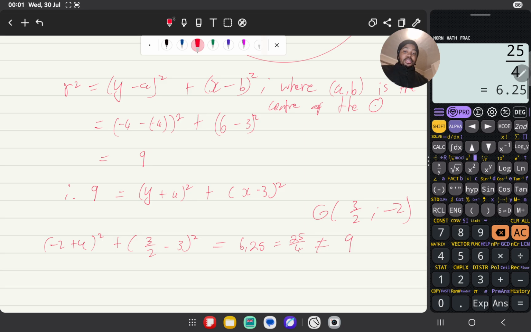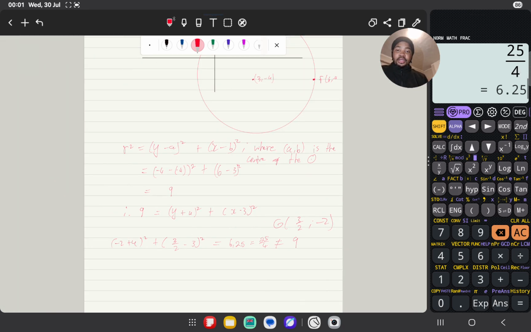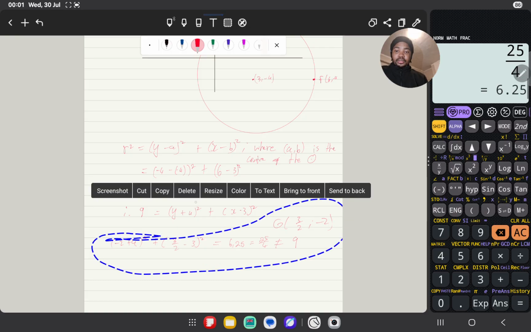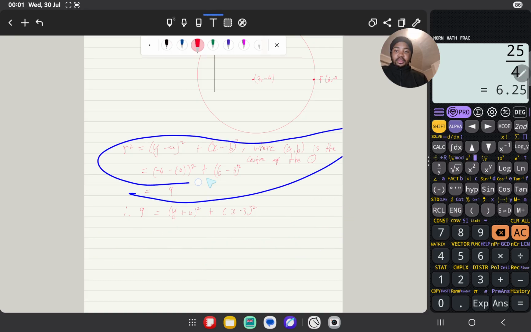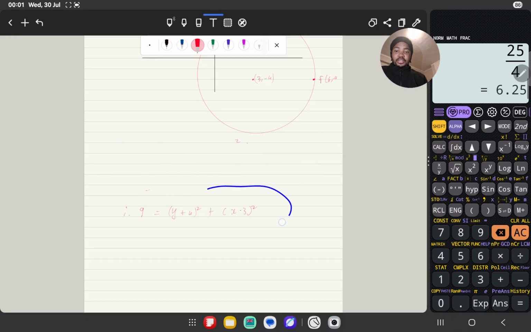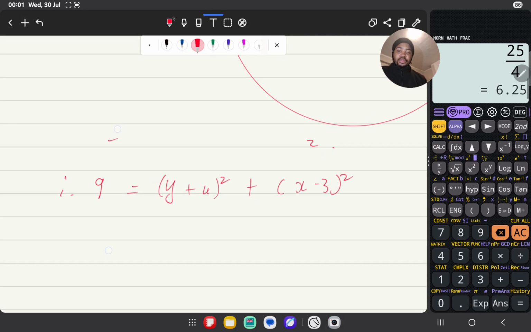So to answer that, let's find the y-axis. I just want to remove this to create more space. So on the y-axis, x equals 0, right?